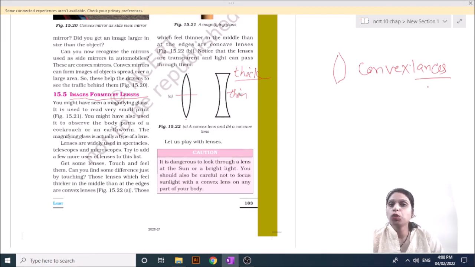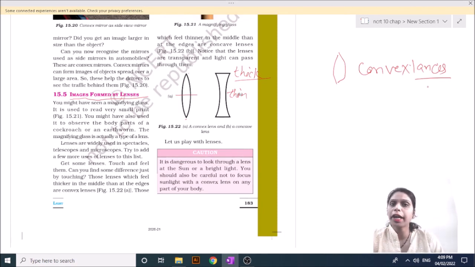A concave lens diverges the light. That's why we say the concave lens is a diverging lens. In a torch, whenever you switch on the torch, the light is diverged. Here the concave lens is used.